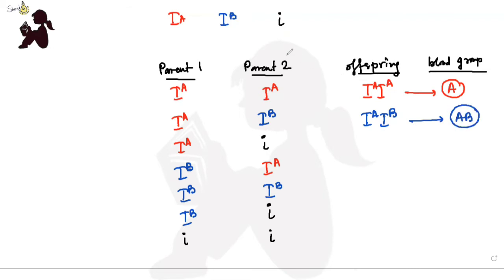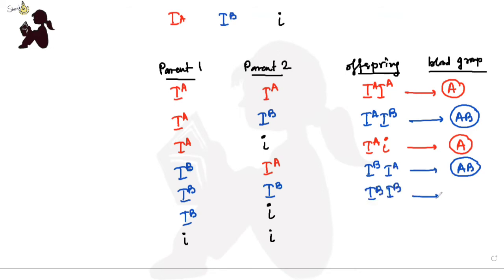Then IA small i will represent the A blood group, because small i represents null. IB IA will also represent AB blood group, because both alleles are present. IB IB will represent the B blood group.